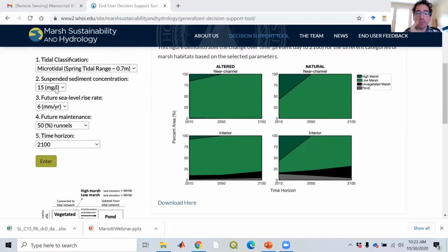In order to recover, a pond needs to first connect to a channel, but then it also needs to accrete faster than the rate of sea level rise. And in a small tidal range, low sediment supply system, sometimes you don't get that. When you connect to the channel, the ponds just keep lowering and widening. So there are some indications that this model works in low sediment supply systems.